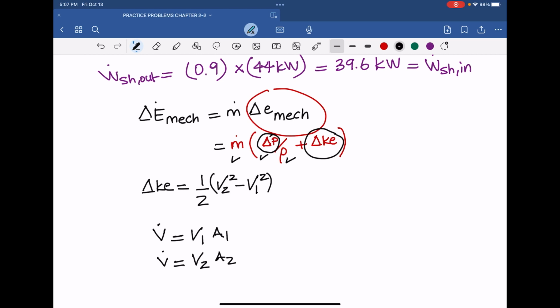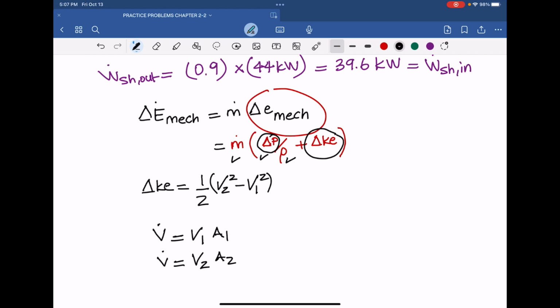So therefore, thinking about this, and also remember how we obtain these equations, right? Remember in the class we learned why velocity times area is equal to volumetric flow rate, and you can also prove this to yourself by looking at the units of these terms.